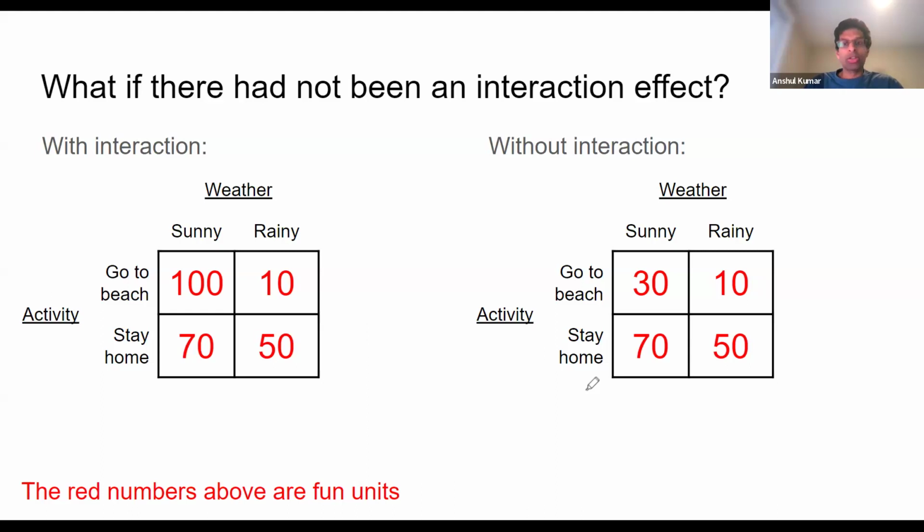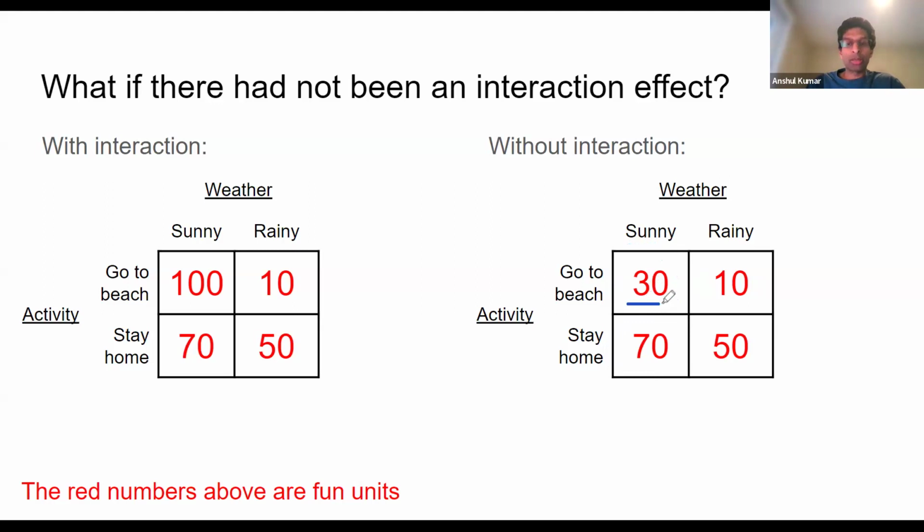There's one number that's different, which is that we changed 100 to 30 over here. So now what we're saying is it doesn't matter if the weather is sunny or rainy. No matter what, your level of fun if you stay home is going to be higher. So our level of fun if we stay home on a sunny day is 70, like before.